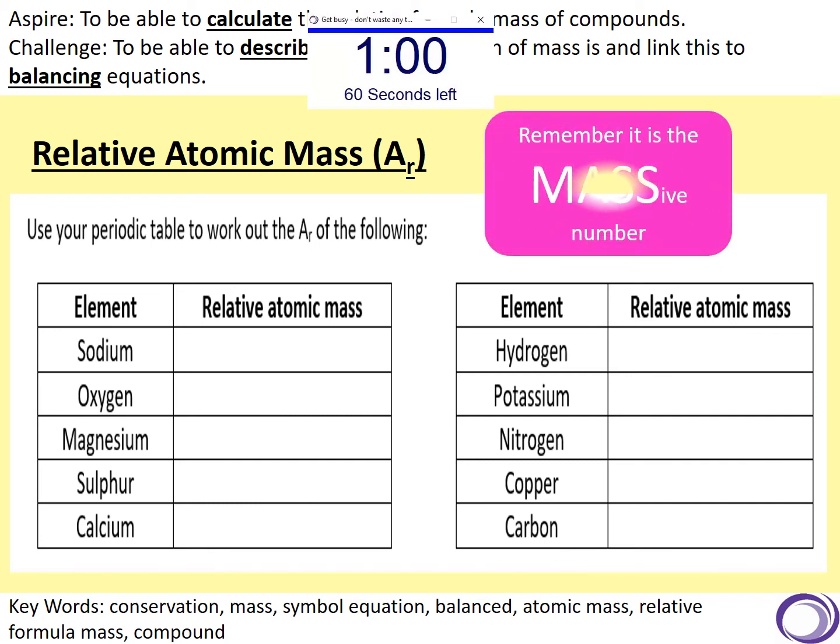Excellent. So remember that it's the massive number that you should have been looking for. The most common mistake is that people look up the smaller of the two numbers, the proton.